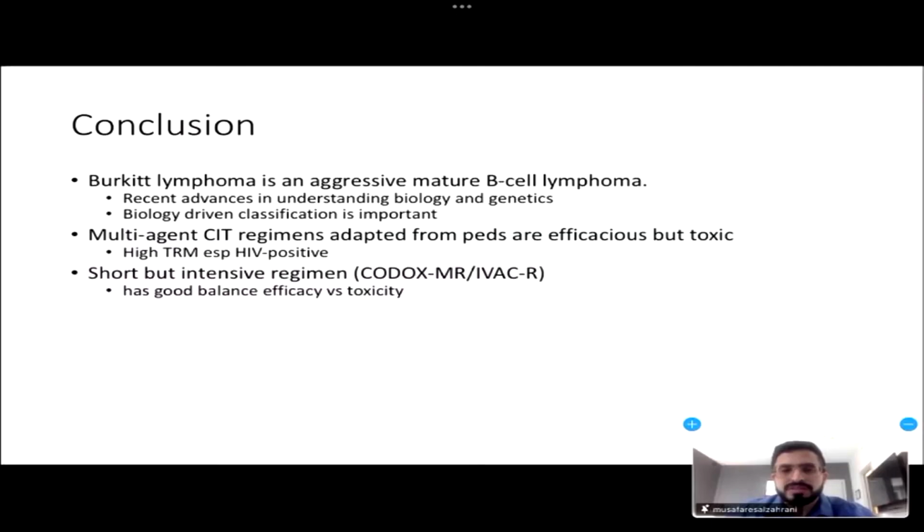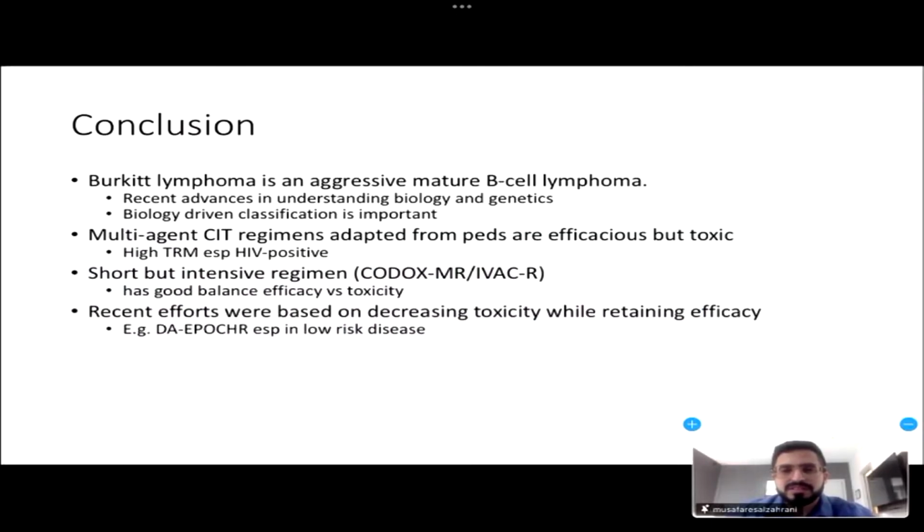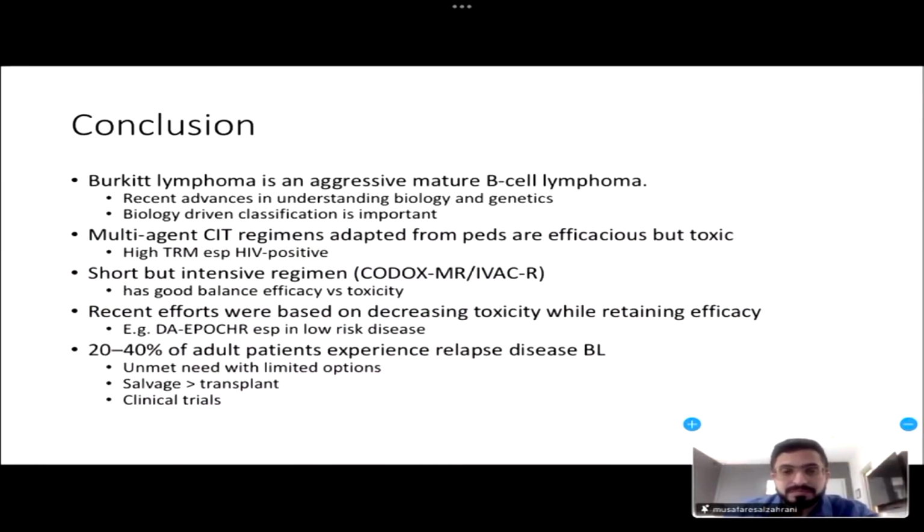Short but intensive chemotherapy, like the MIGRATH protocol, has a good balance between efficacy and toxicity, and less toxic regimens like dose-adjusted EPOCH-R, especially in low-risk disease, are showing encouraging results.